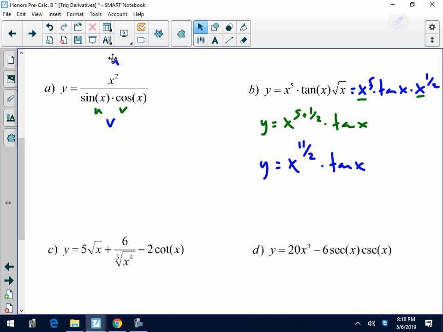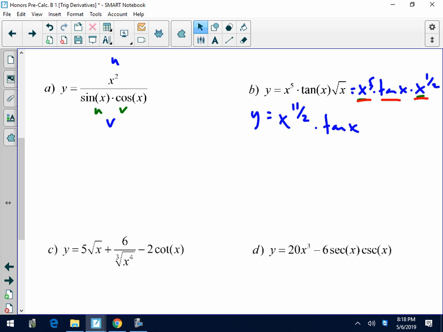Now, next class we'll talk about how to attack this guy directly with an extension of the product rule. But for right now, we'll go ahead and say that we can rewrite our b function as y equals x to the 11/2 times tan x. And we'll go ahead and attack it as a product rule like that.